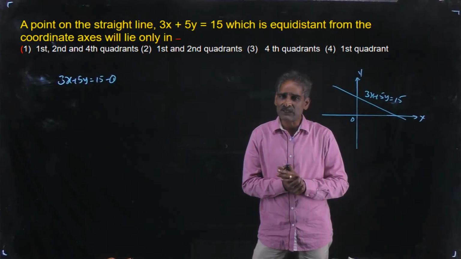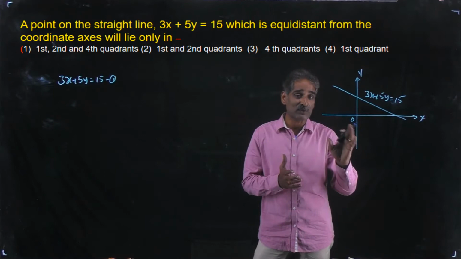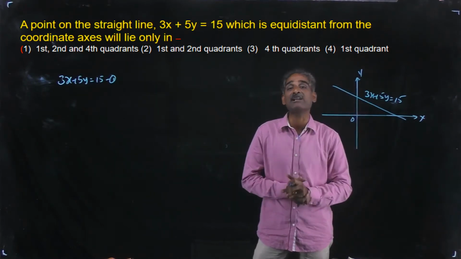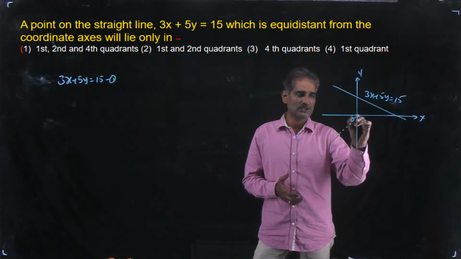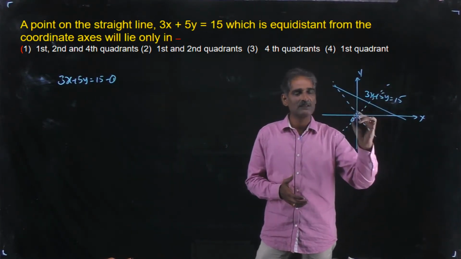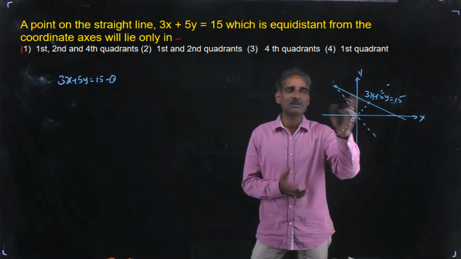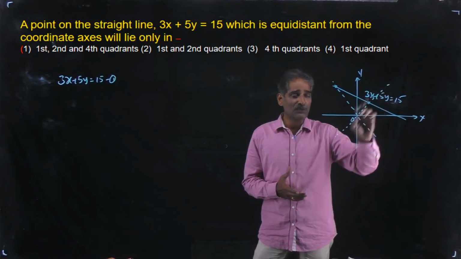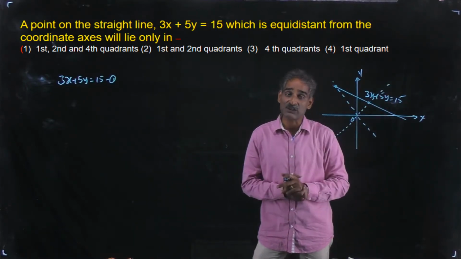Here, we need a point on the line which is equidistant from the coordinate axes. Points having the same distance from the coordinate axes must lie on the angular bisectors of the coordinate axes. So this is one of the angular bisectors and this is the other. If you take any point on these two lines, it must be equidistant from the coordinate axes.